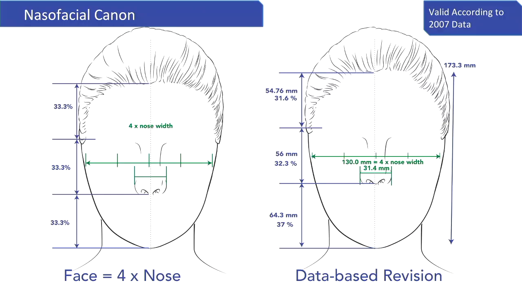So the nose width. One of the canons that was used, and we were probably taught in school, is the nose width is equal to 1/4 of the face. And according to the 2007 Farkas data, when he compared the African American and white populations, this actually does average out.